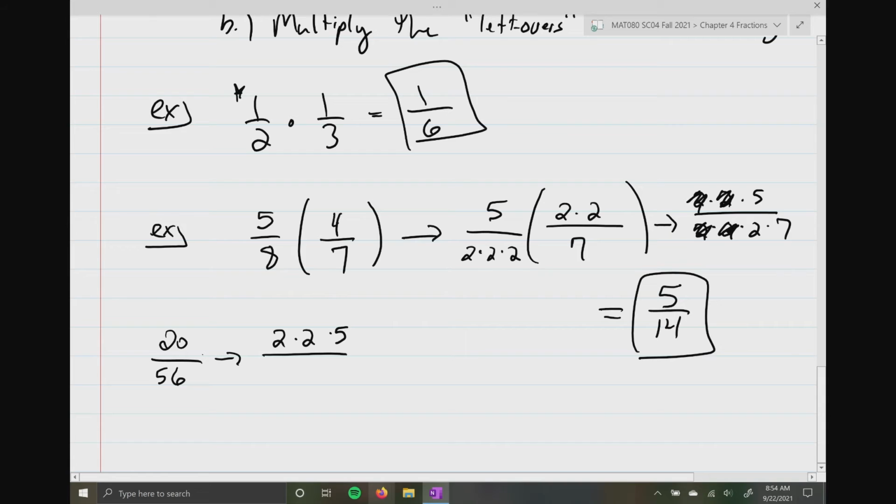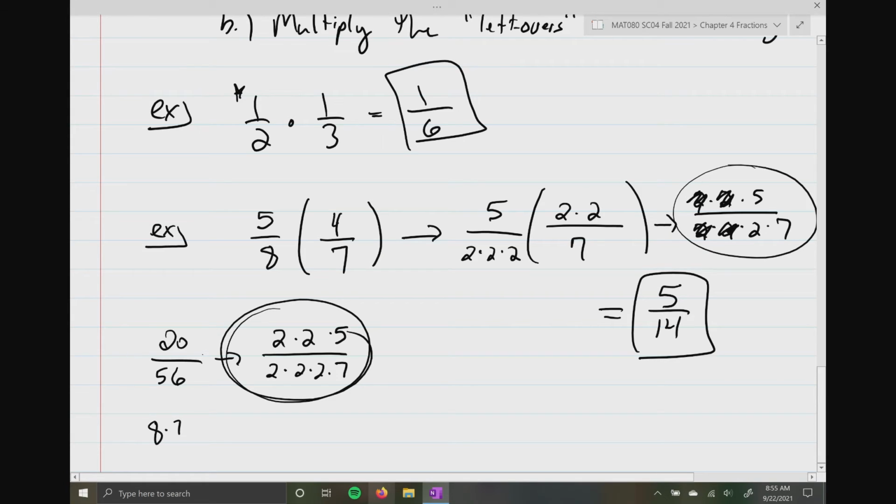So 56 is 8 times 7, which is 2 times 2 times 2 times 7. Boy, isn't that interesting? If I multiply the numbers and then do their prime factorization, I get the exact same thing. So why not just simplify first when the numbers are small? Because it's easier. It's faster. Then apply your n over n rule, like 2 over 2 is 1, 3 over 3 is 1. Just cross them out and you get your answer, 5 over 14.